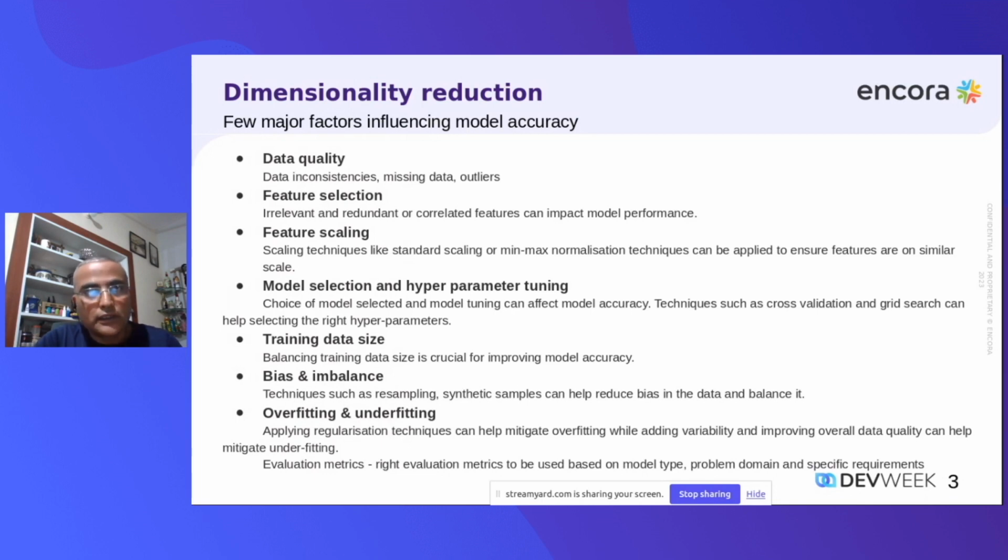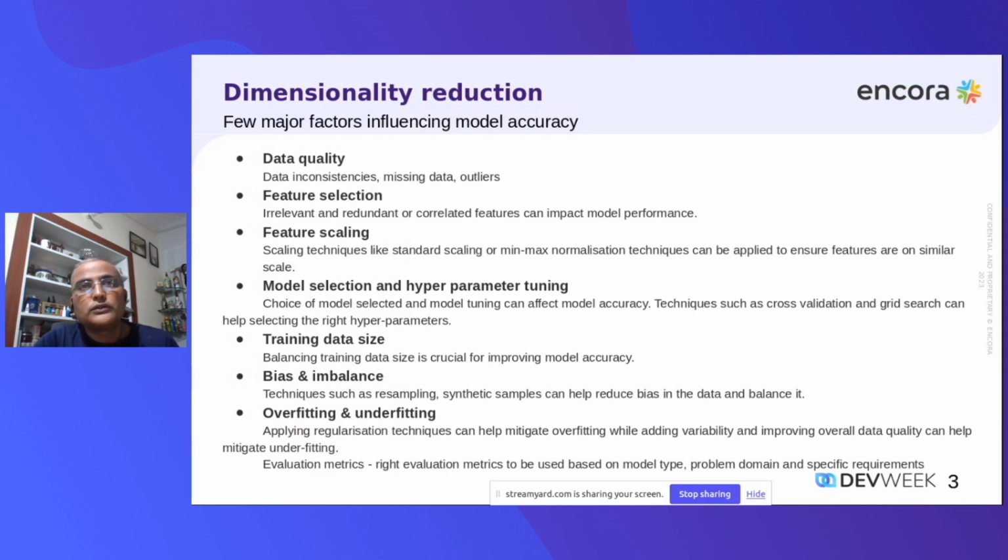Underfitting could be one more challenge. If I have a very simplistic data set, the model is not trained on a complex data set, and as a result, when we encounter data which is more complex, the model accuracy is very low.